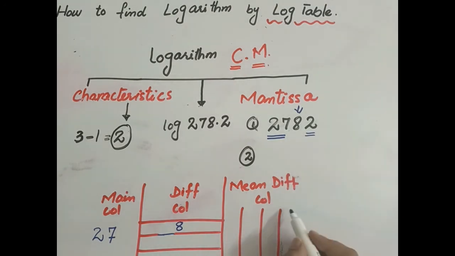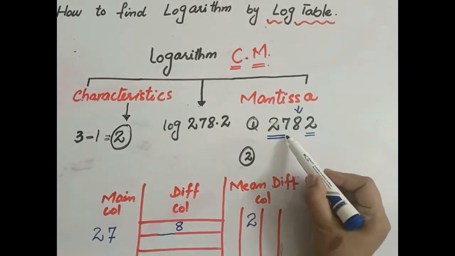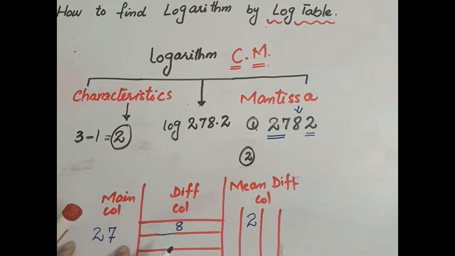We have to see the first two digits in the main column, like 27. The third digit we see from the difference column, and the last digit from the mean difference column. Again I am repeating: the first two digits from the main column, the third digit from the difference column, and the last digit from the mean difference column.